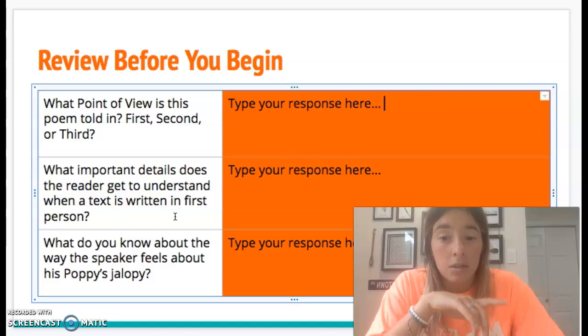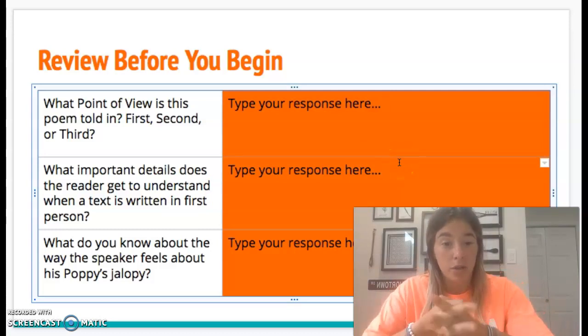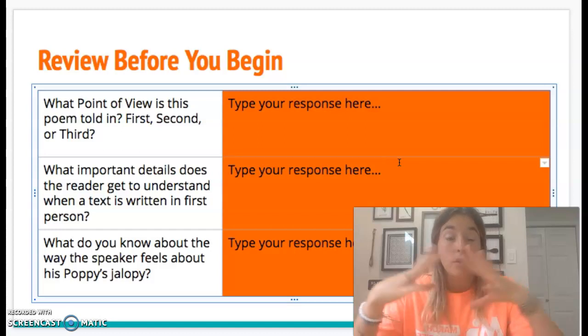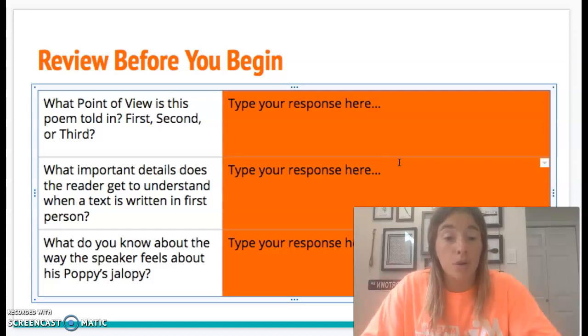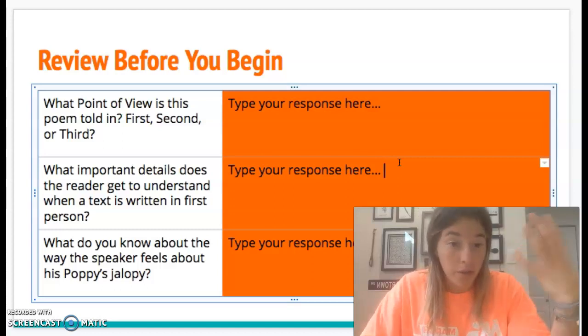What important details does the reader get to understand when a text is written in first person? What kind of things do you understand about a text written in first person that you might not understand when it's written in third person? A third person perspective is when the speaker or the narrator is outside of the story, so they're telling a story that they were not personally involved in.